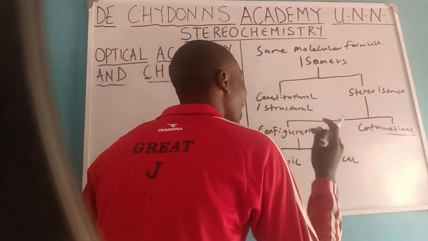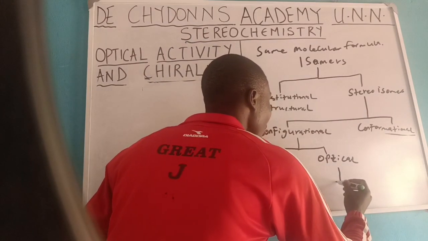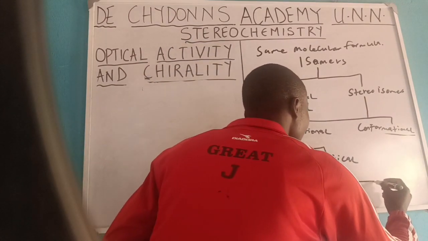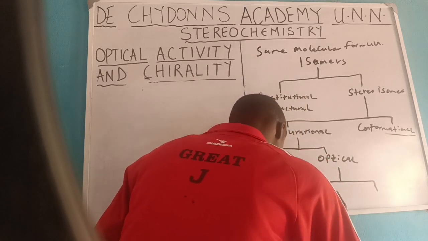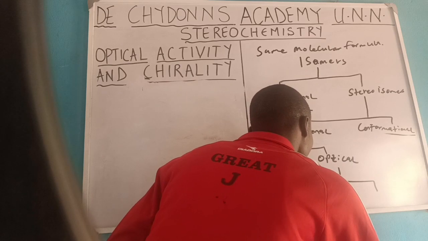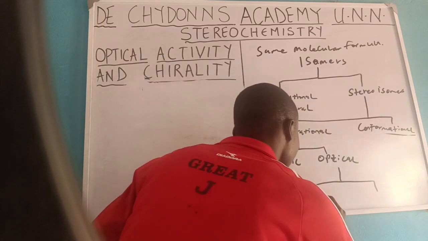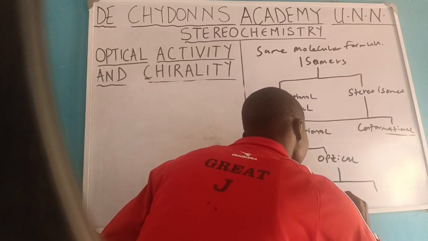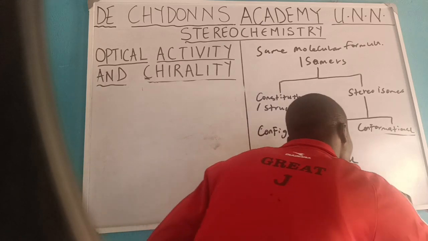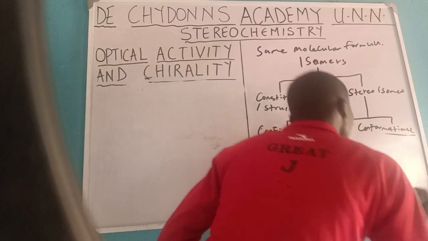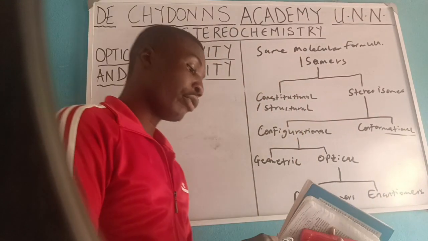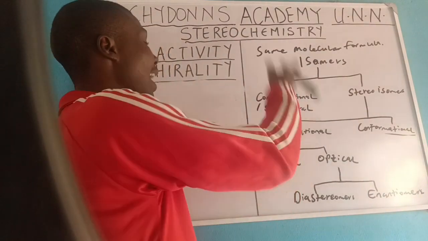The optical isomers also are divided into 2. Okay, I think I made a mistake. We have diastereomers, and then we have enantiomers. So this is the category of isomers that we have.